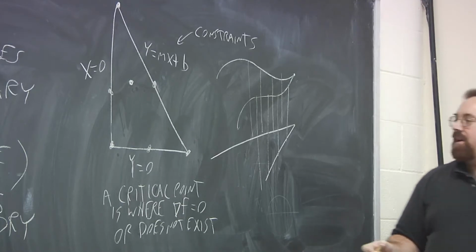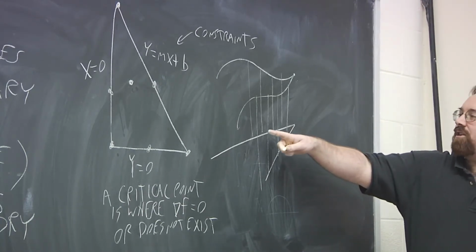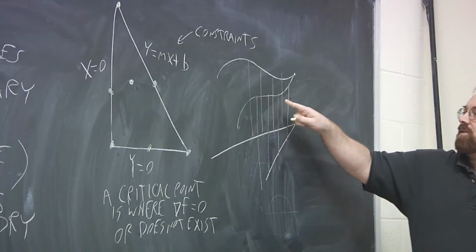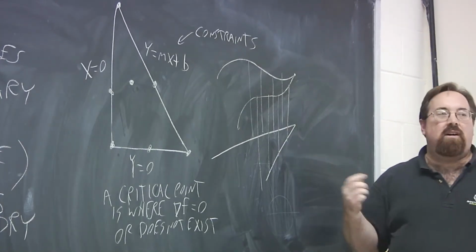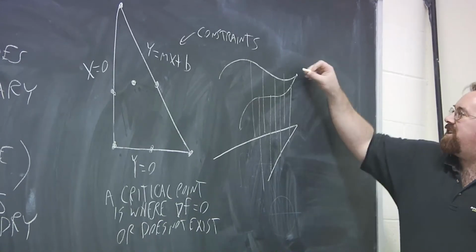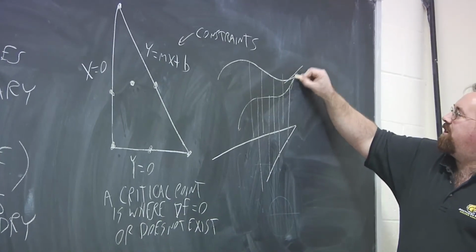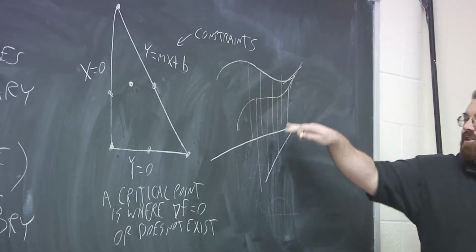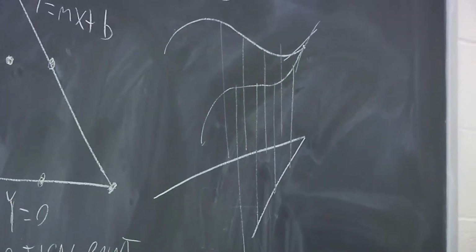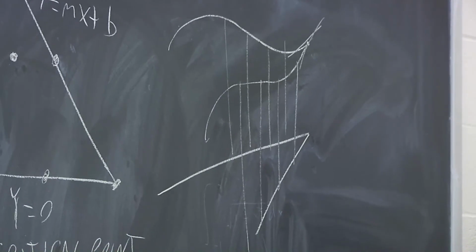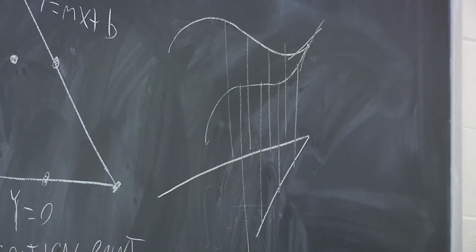But even if a function has a well-defined derivative along this edge and a well-defined derivative on this edge, what are the odds that the tangent lines at this point, as you turn from one edge onto the other, are actually going to have a consistent slope? It could happen. Generally, it's not going to.